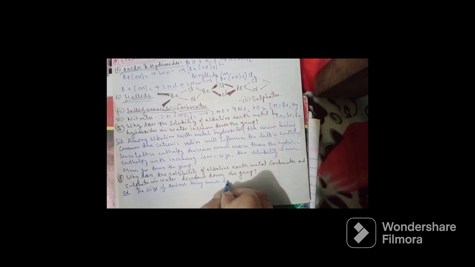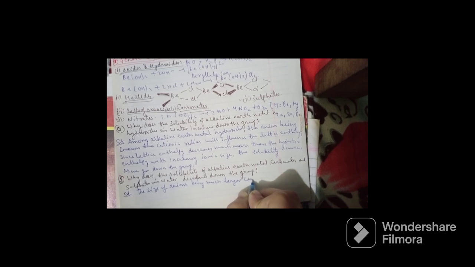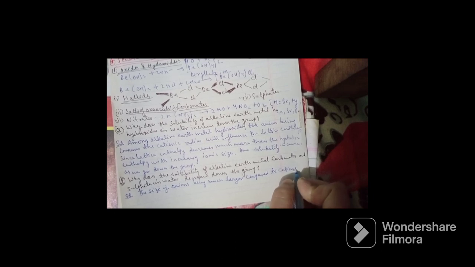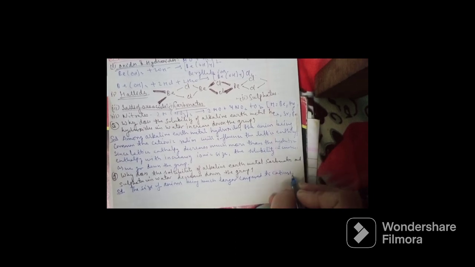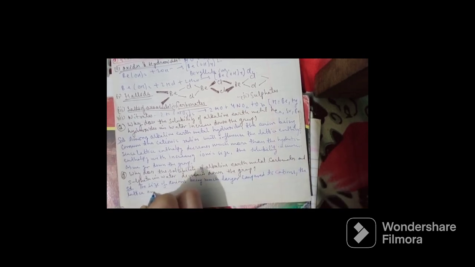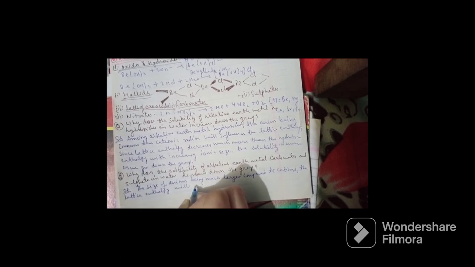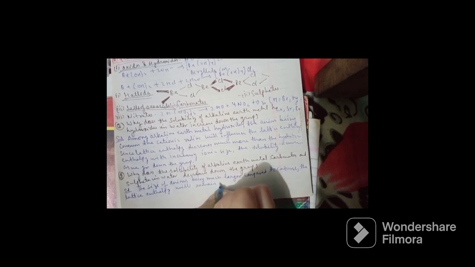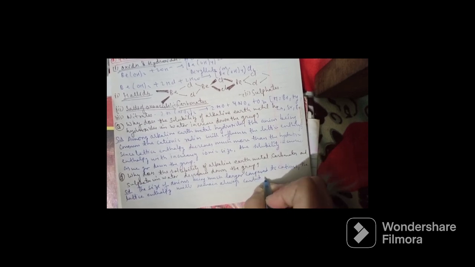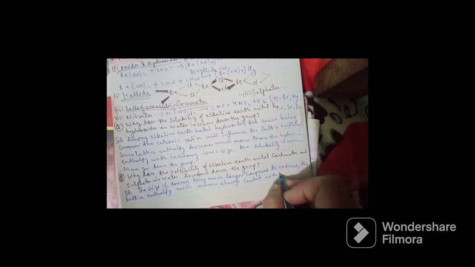The size of the anion being much larger compared to cations, the lattice enthalpy will remain almost constant within a particular group.